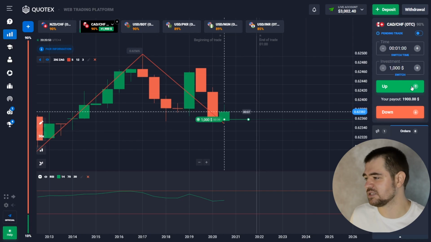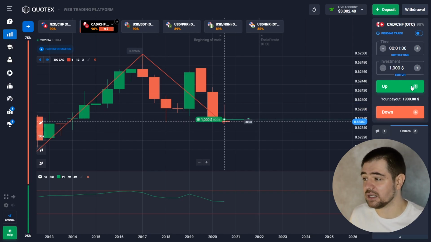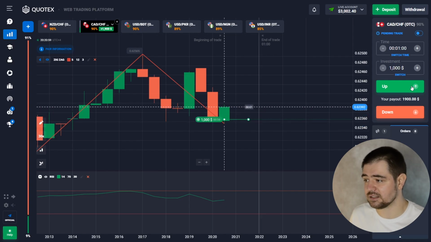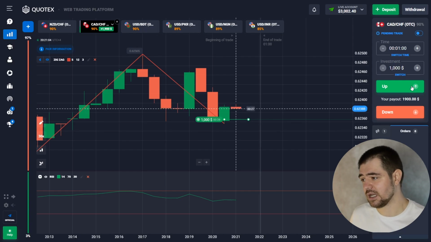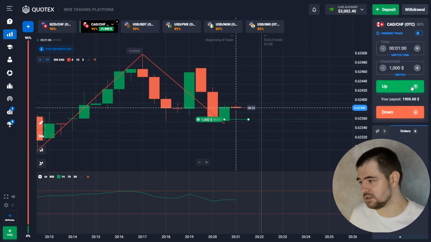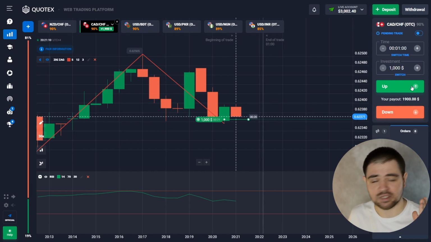Right here, let's be honest, it's like 50-50, but we can make it in our favor and add tools to decide will it go up or down.